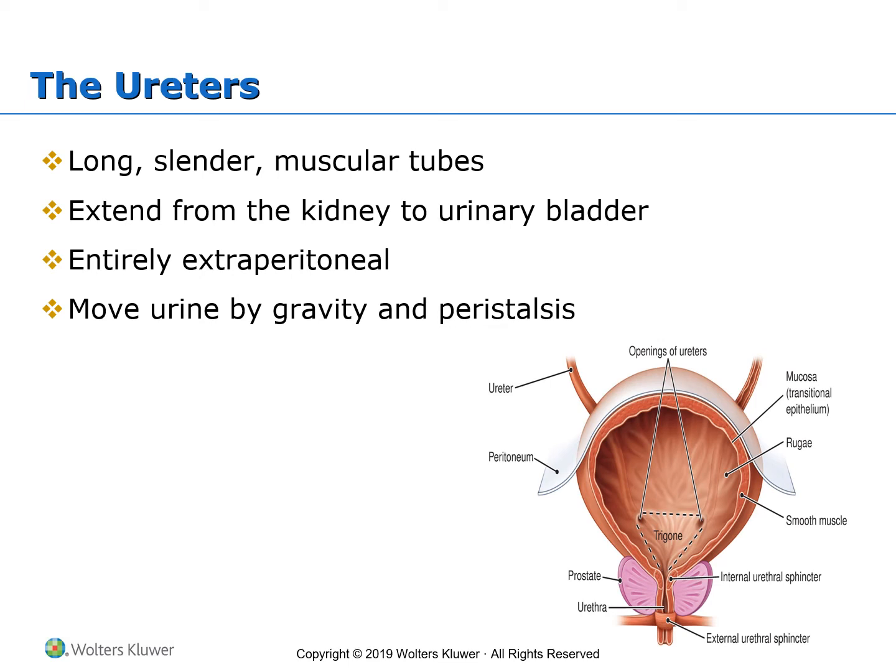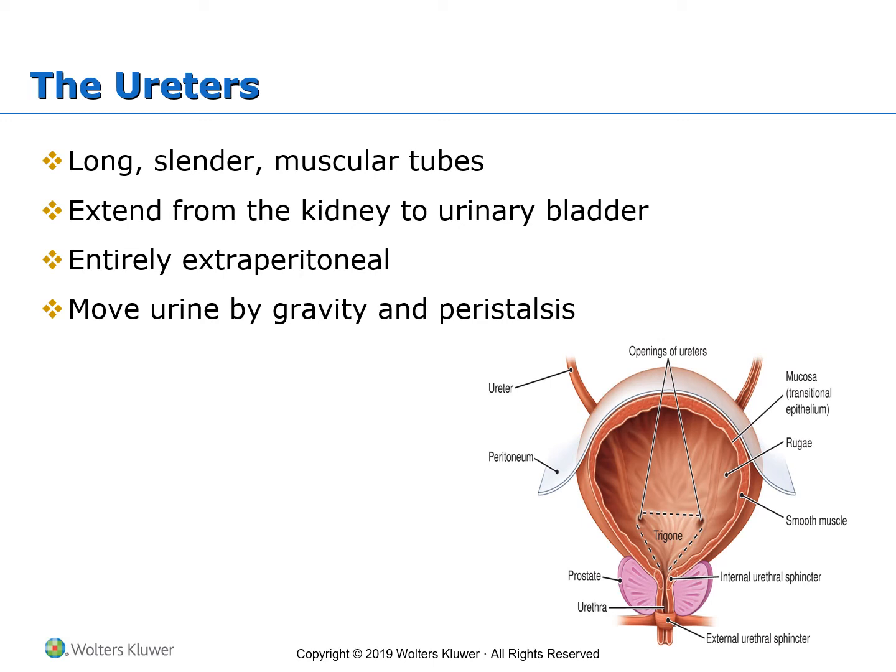Their length may vary based on the size of the individual. They are usually between 10 and 13 inches long, and they are not more than probably a quarter of an inch in diameter.